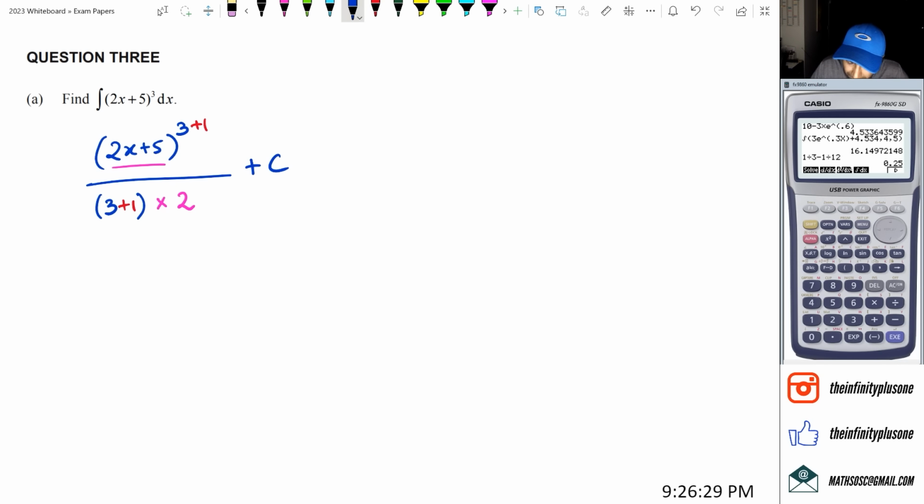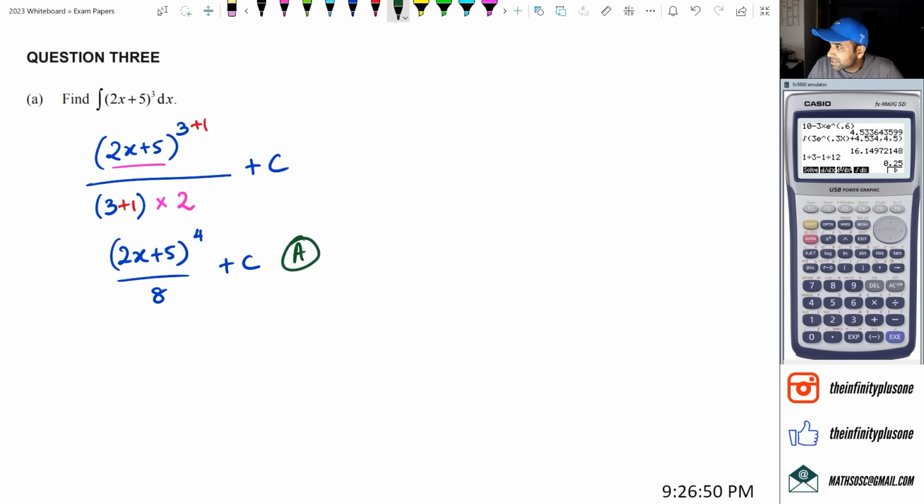And don't forget the plus c. So eventually the answer should be 4 times 2, 8. So we've got 2x plus 5 to the power of 4 divided by 8 plus c. And this question here is worth an achieved. Nice and simple one. And then we can move on to the next question.